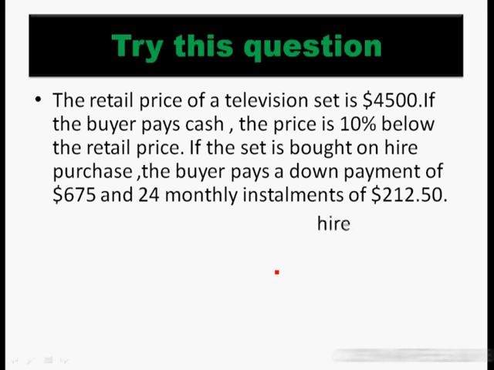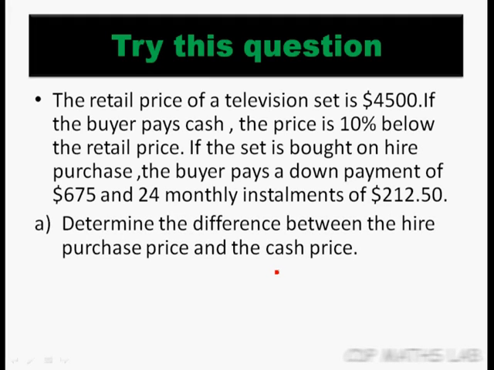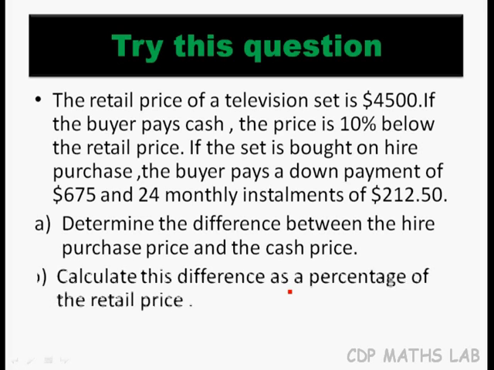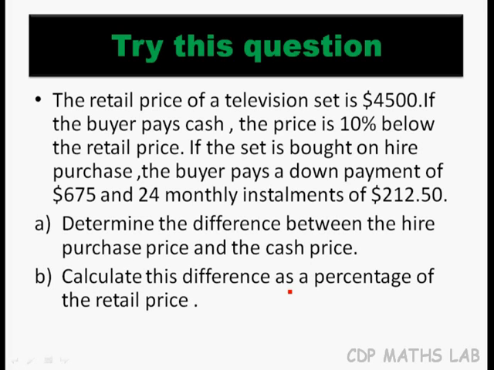Now what are we going to do? A. Determine the difference between the hire purchase price and the cash price. Do you want to pause the video right here and try that? You may do so. But part B states calculate this difference as a percentage of the retail price.